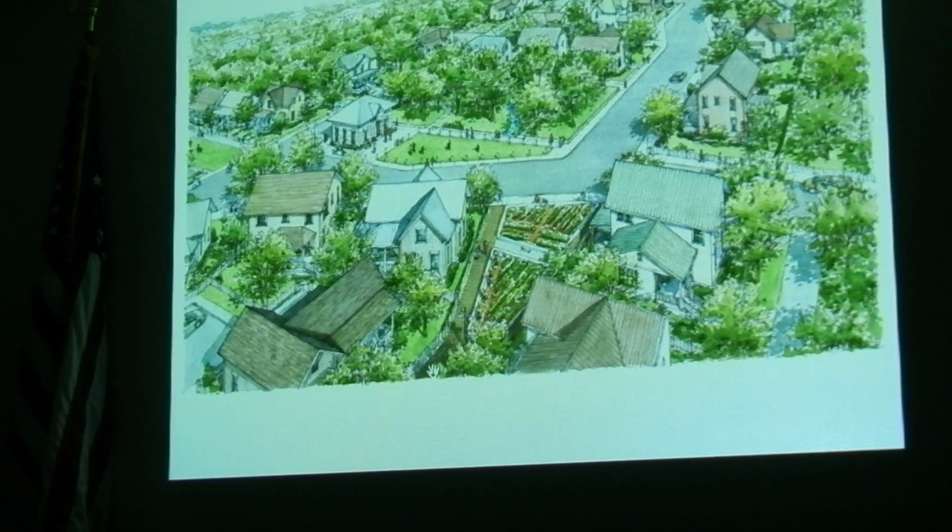You can see here how the boardwalk works with the homes. This is the front porch, and it faces onto the boardwalk. This again right here is a front porch that faces onto a boardwalk. These two homes, hopefully they would front onto the street, but also provide features that help articulate this public space.